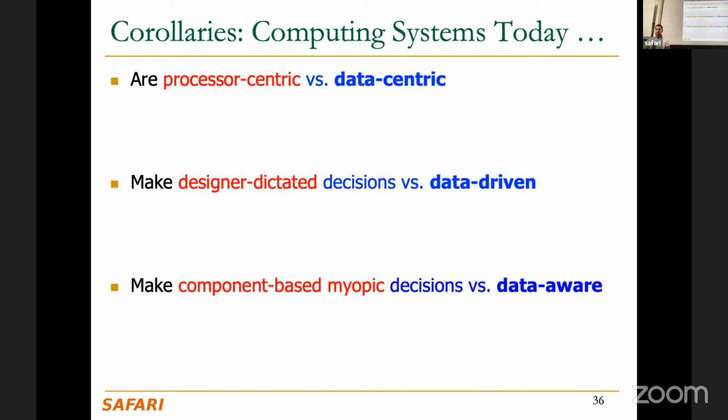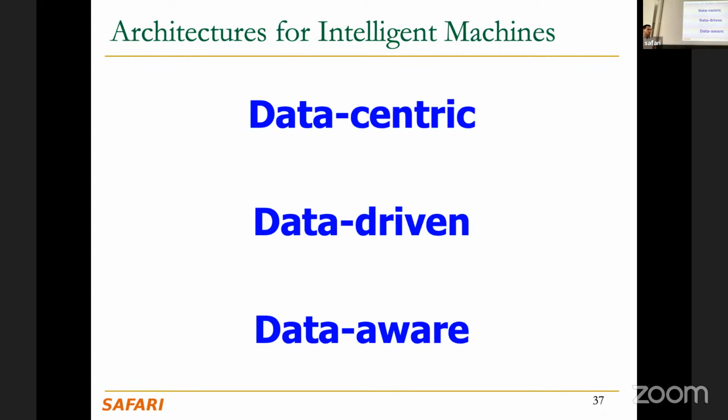And also you can look at the data itself and have a more data-aware decision, looking at the properties of the data versus following heuristics that are oblivious to the characteristics of the data itself. So overall, to design better systems, we want a more data-centric architecture, one that is data-driven and aware of the data that is being computed.